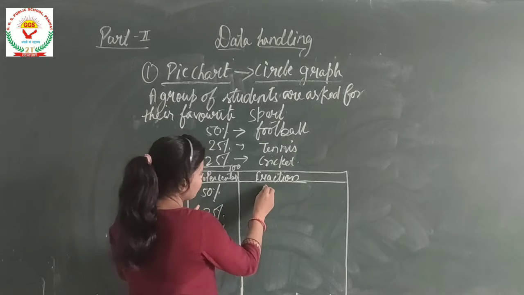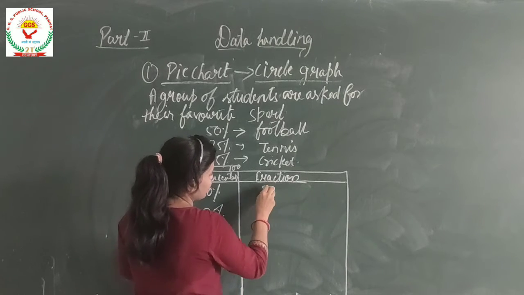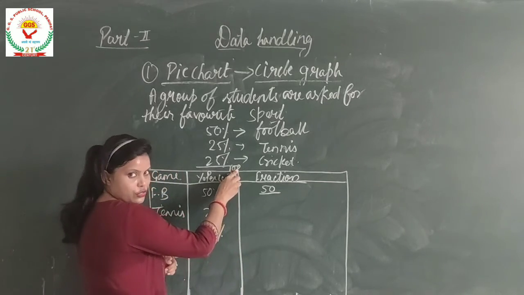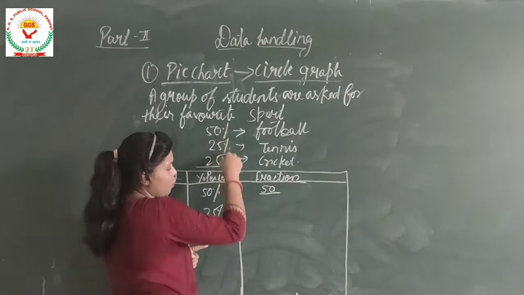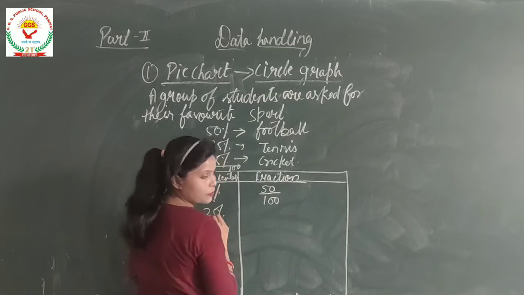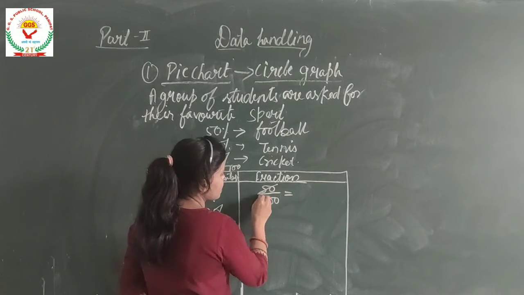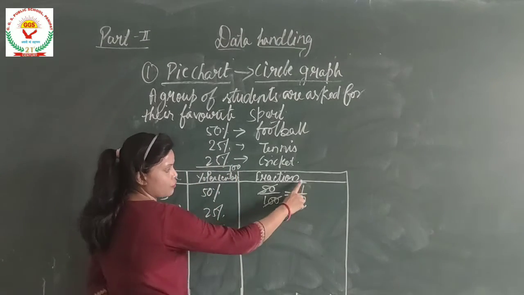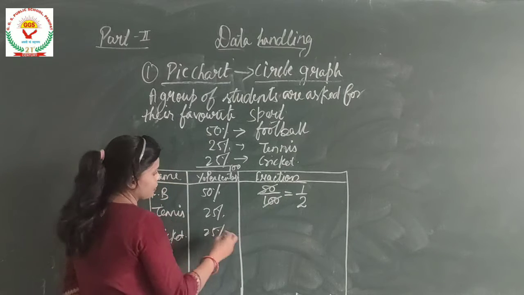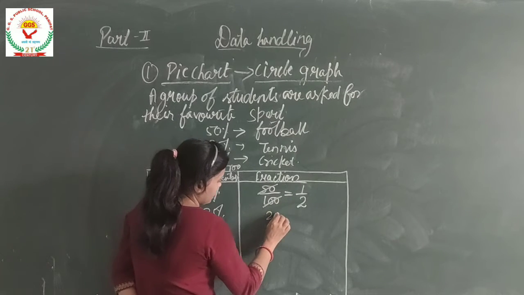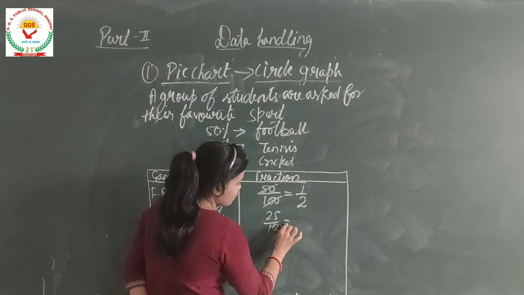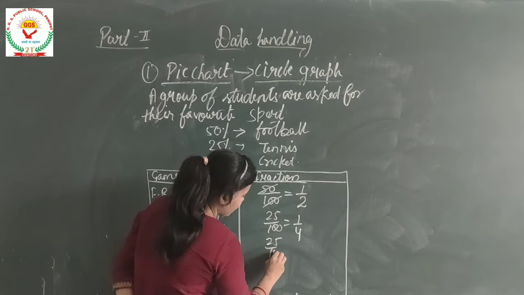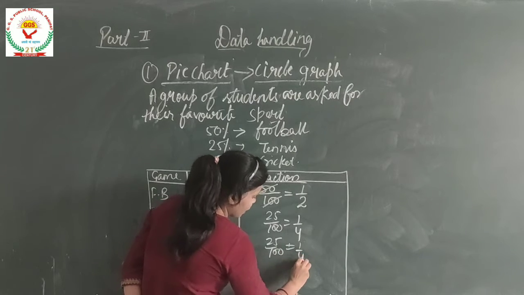For the fraction, we will take the percentage given over the total percentage, 100. On solving, we will get 1 by 2 for football. Now for tennis, 25 divided by 100 is 1 by 4. Cricket, 25 divided by 100, is 1 by 4 as well.